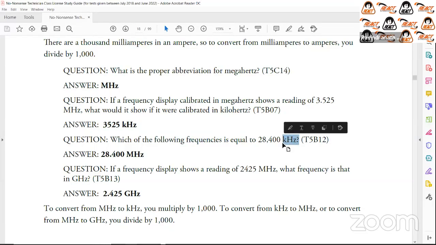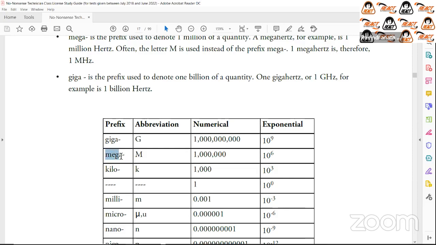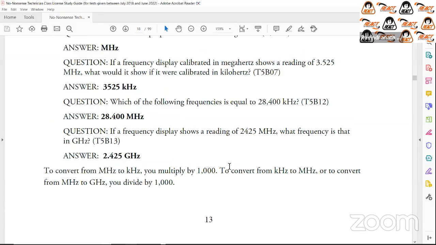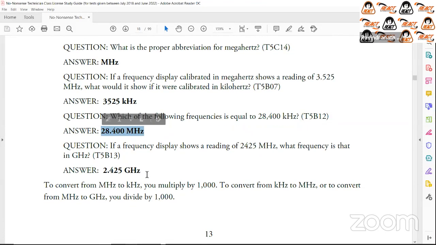Well, if above we converted from megahertz to kilohertz by multiplying by 1,000, then going from kilohertz to megahertz, we divide by 1,000. So 28,400 divided by 1,000, we shift the decimal point 3 places, 1, 2, 3, and we get 28.400 megahertz, which is the answer given.